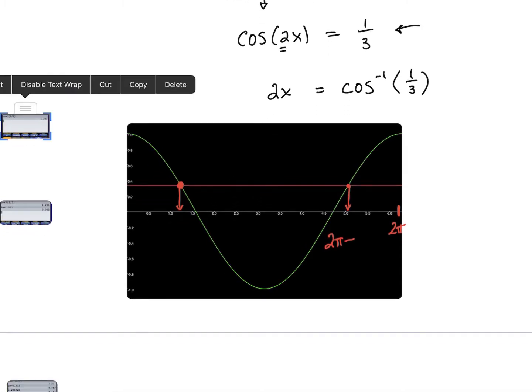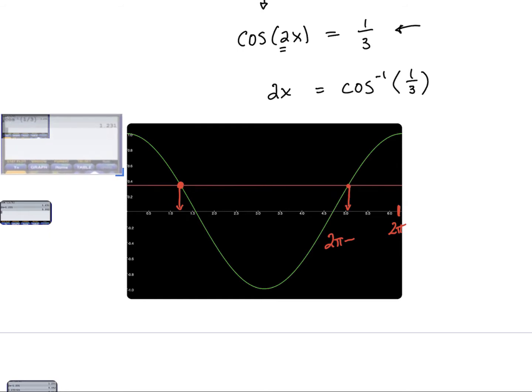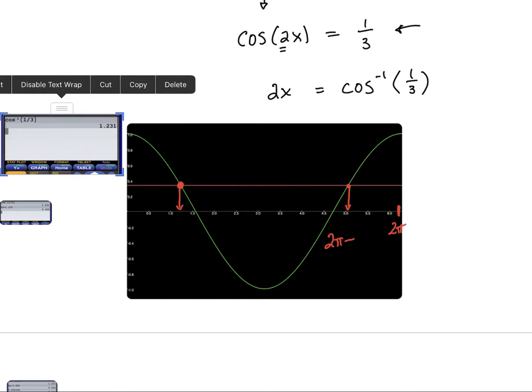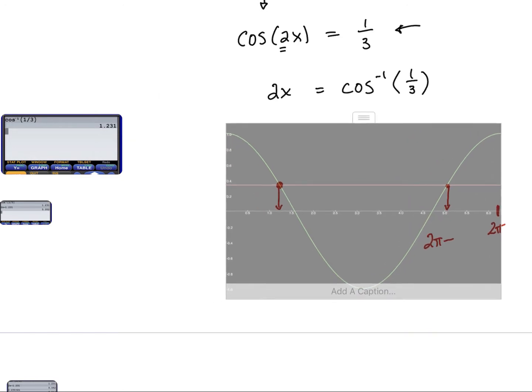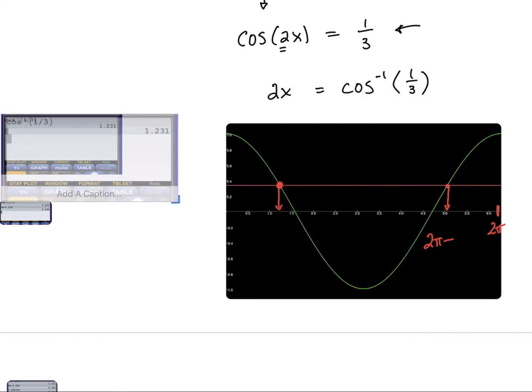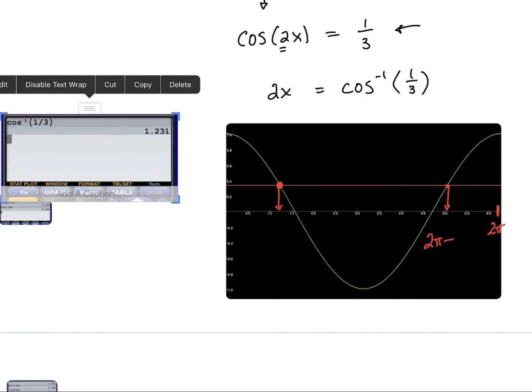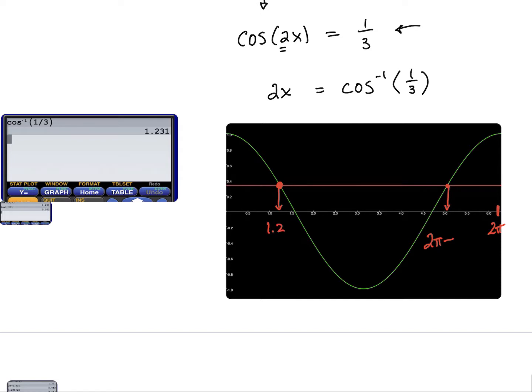So if you bring up my little cosine inverse, you'll see that cosine inverse of 1/3 is equal to 1.231. So right here we have 1.231, and then this other side will be 2 pi minus 1.231.